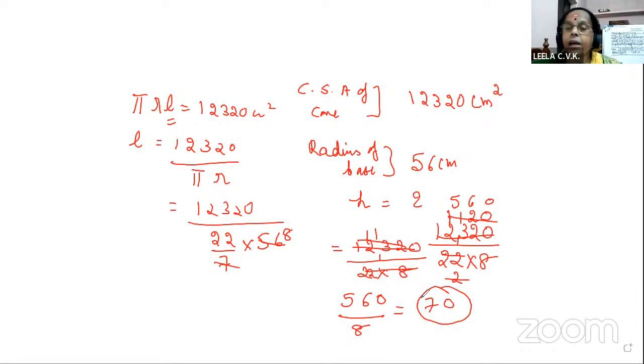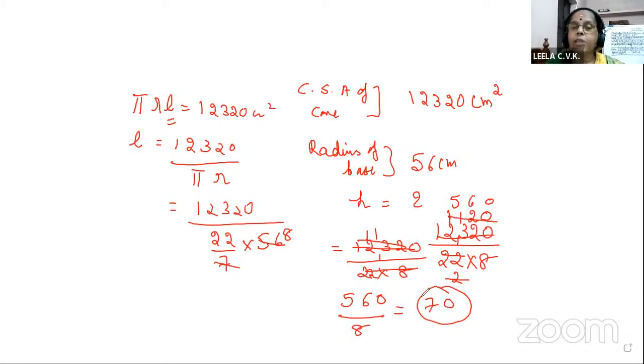Usually, whenever these types of calculations are there and 22 is there, most of the time it will get cancelled, meaning the other terms will be a multiple of 11. So every time you just check that. Most of the time it will work. In the working column, first you can check. So now we got L as 70.